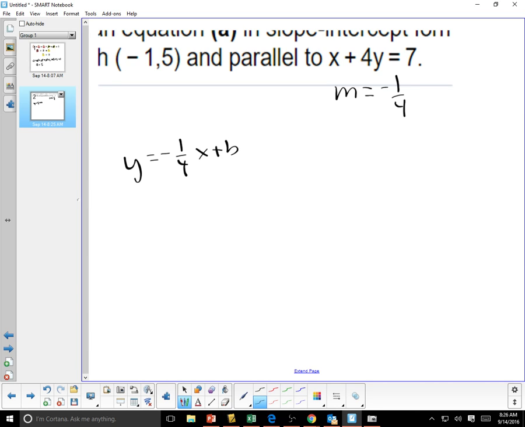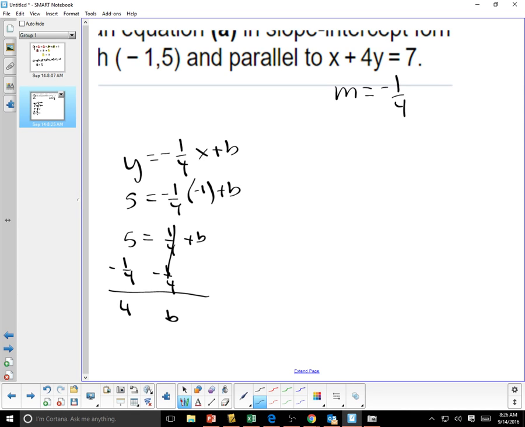I'm going to plug in the values, which is 5, negative 1/4, and then I've got the negative 1 in here, plus b. So 5 equals a positive 1/4 plus b. Take away 1/4, and b is supposed to be 4 3/4, if I did that right.